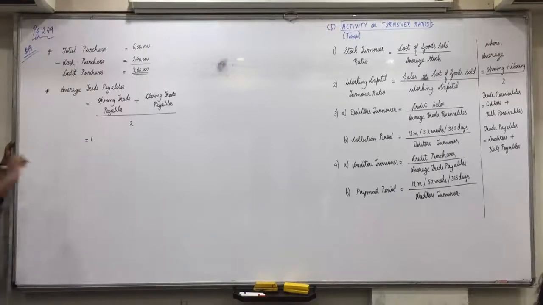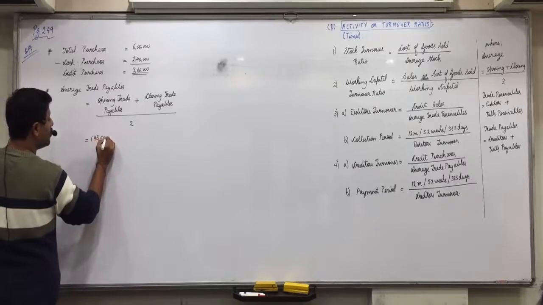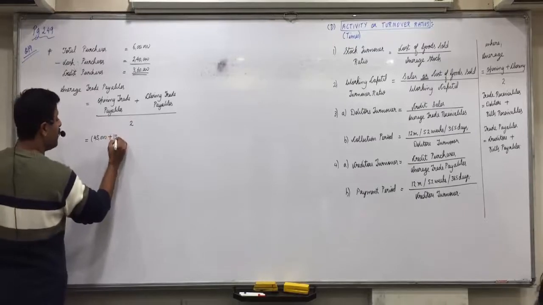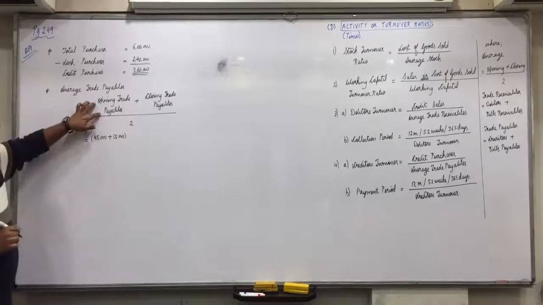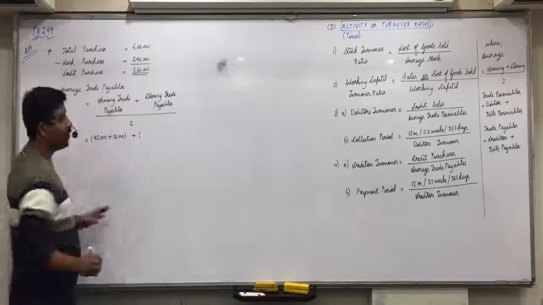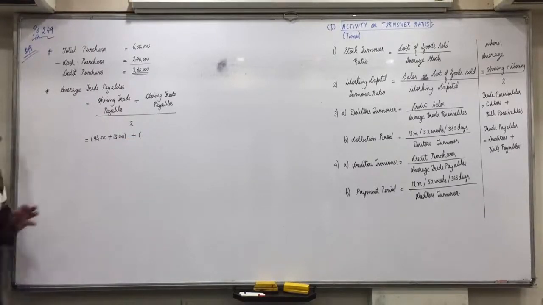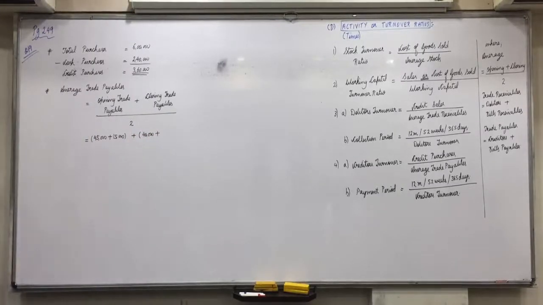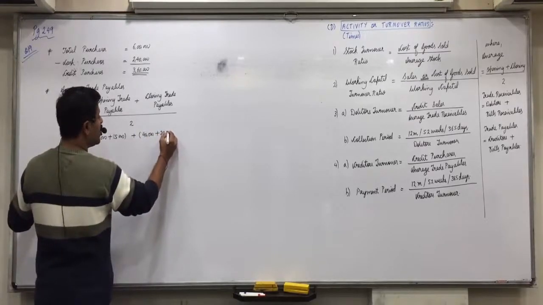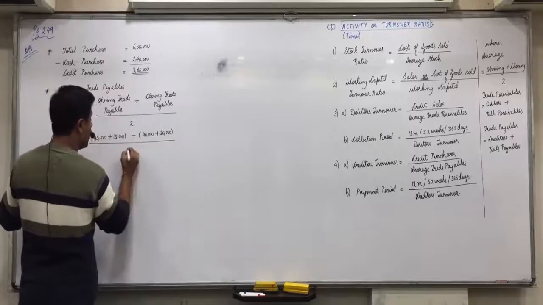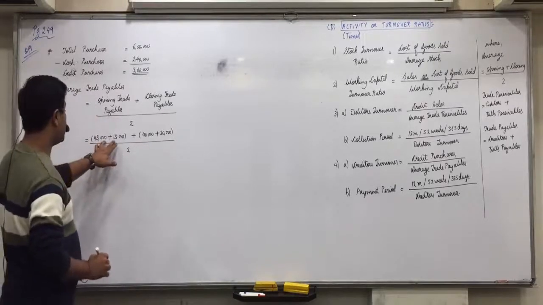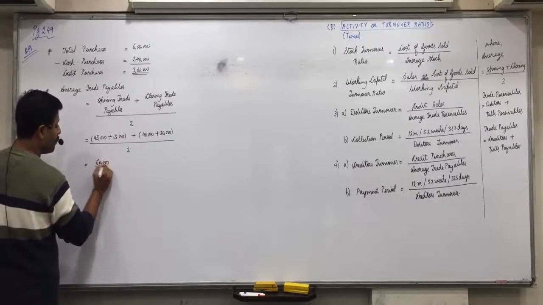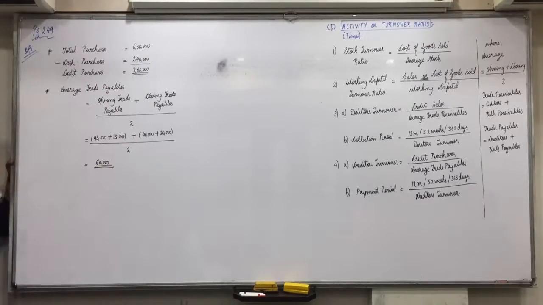What are opening creditors? 45,000, plus opening bills payable 15,000. So 45 plus 15 gives us opening trade payables. Same way, plus closing creditors 40,000 plus closing bills payable 20,000. So this gives us closing trade payables. Divide by 2. 45 plus 15 is 60, and 60 divided by 2, 60 only. Average trade payables are also 60,000.